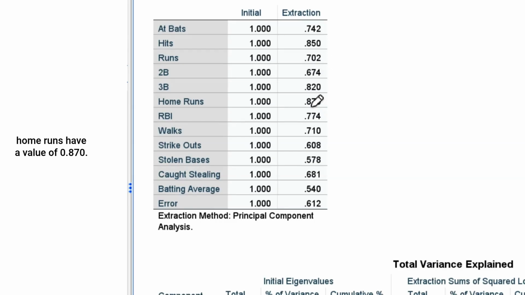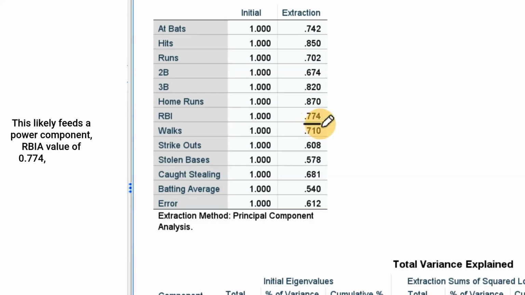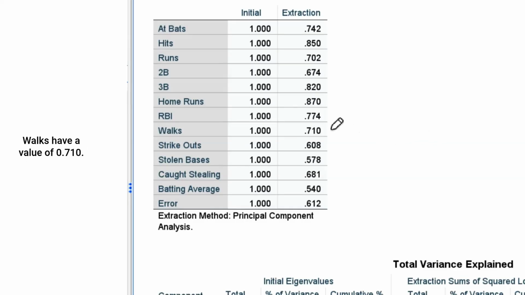Home runs have a value of 0.870. This is considered excellent. PCA is doing a great job capturing home run variability. This likely feeds a power component. RBI, a value of 0.774, which is a very strong fit, makes sense since RBI usually ride with HR and hits. Walks have a value of 0.710. Walks are clearly tied to a coherent pattern, perhaps a plate discipline component. At 0.608, strikeouts are moderately well captured, plenty of variability explained.